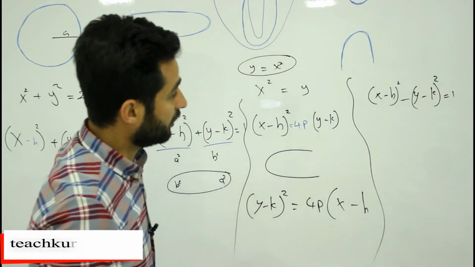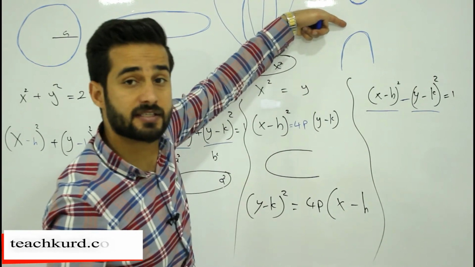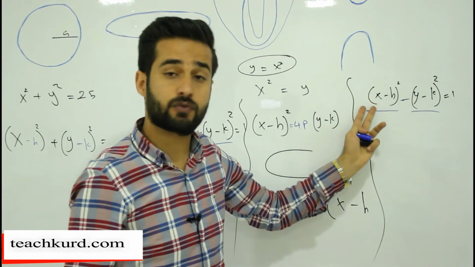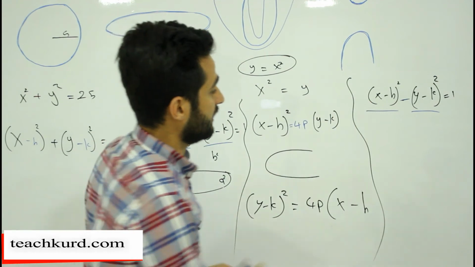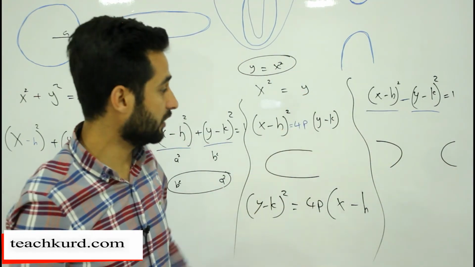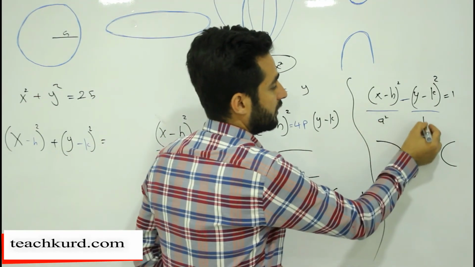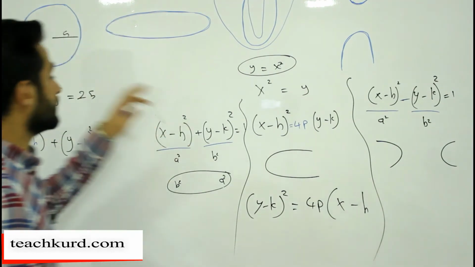But here, if it is vertical like this, y must be written in front, and if it is like this, it is horizontal, or on the x-axis, so we can say a squared and b squared are here. Okay, this is all the rule.